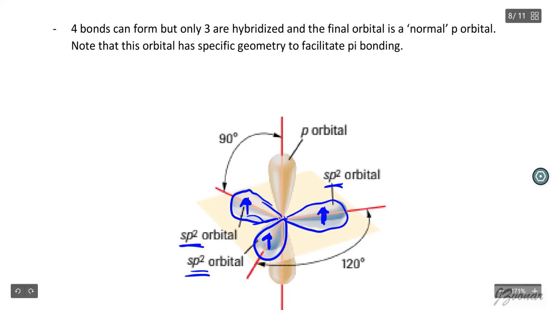As well, perpendicular to the plane is this unhybridized regular p orbital, which also contains a half-filled orbital with one electron. And so it is going to be used to form our pi bond.